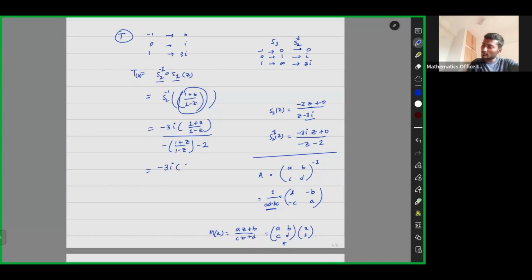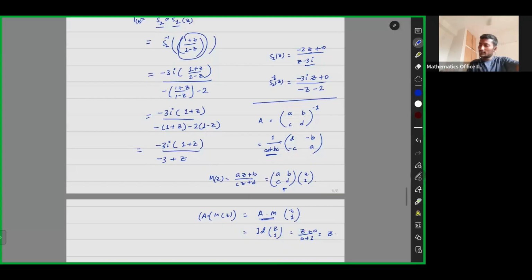Minus 3i, 1 plus Z here, minus of 1 plus Z, minus 2 of 1 minus Z. Solving further, minus 3i, 1 plus Z. So minus 1 here, minus 2 here, we get minus 3. Minus Z here and plus Z here get cancelled, right? Plus 2Z, sorry, plus 2Z minus Z becomes Z only.